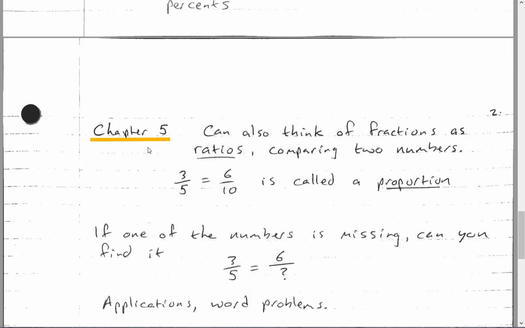Okay, more fractions in chapter 5. A third way to think about fractions is in terms of ratios, where you're comparing two numbers. So 3/5 as a ratio, you're comparing 3 to 5.